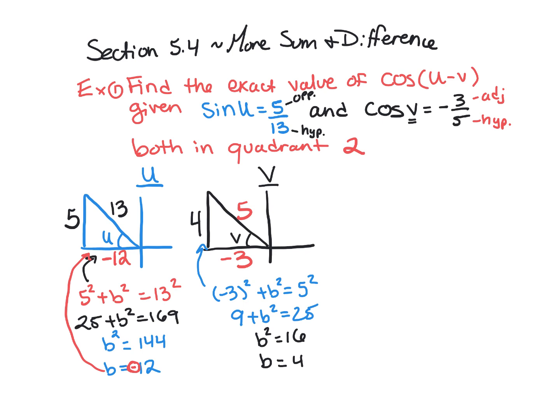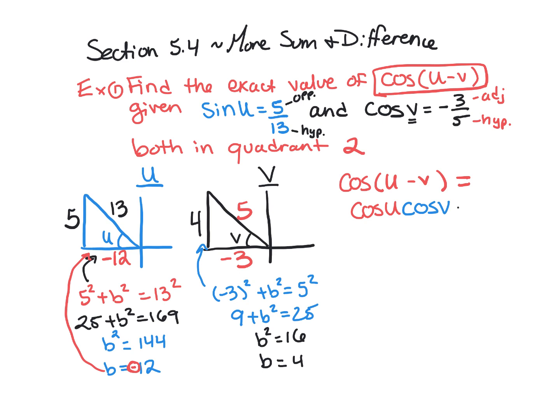So now that we have our triangles drawn, now we get to use our formulas. So our cosine of u minus v is what we were asked originally, all the way up here. Looking at our sheet, the cosine of u minus v is equal to cosine of u times cosine of v, and then plus sine of u sine of v.